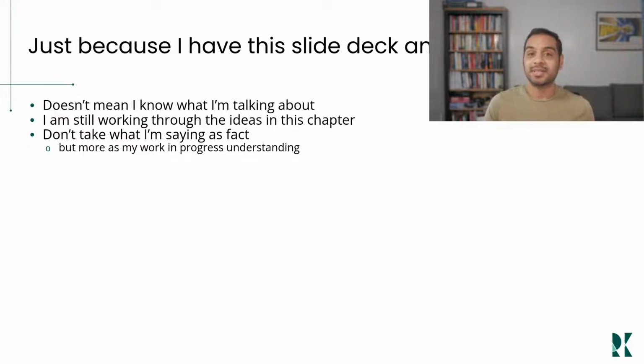So don't take this live stream as fact. I would highly encourage you to go read the source material and get familiar with that. But this is more of an active discussion. So all of us here learn in the moment and we all get used to the concepts of causal inference together. So not a professional causal inference expert at this time, though I am working towards it like everybody else here.